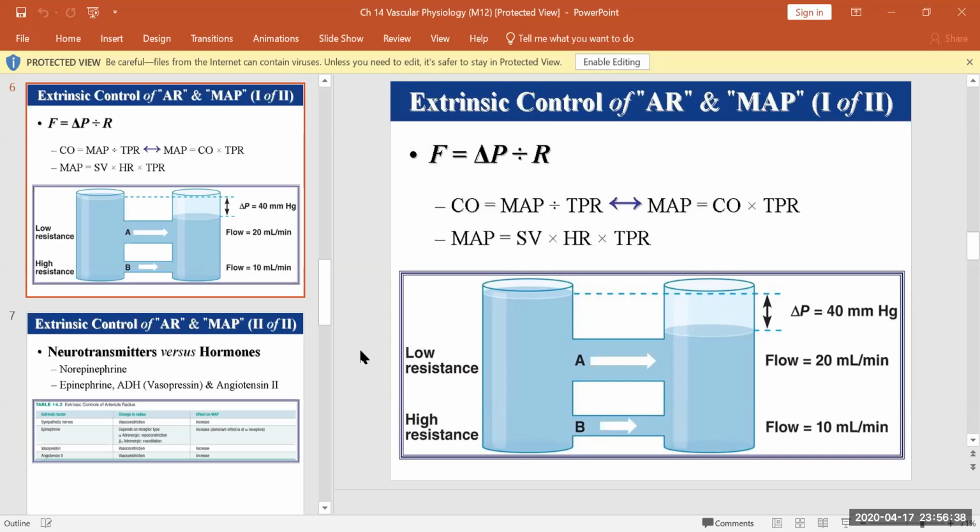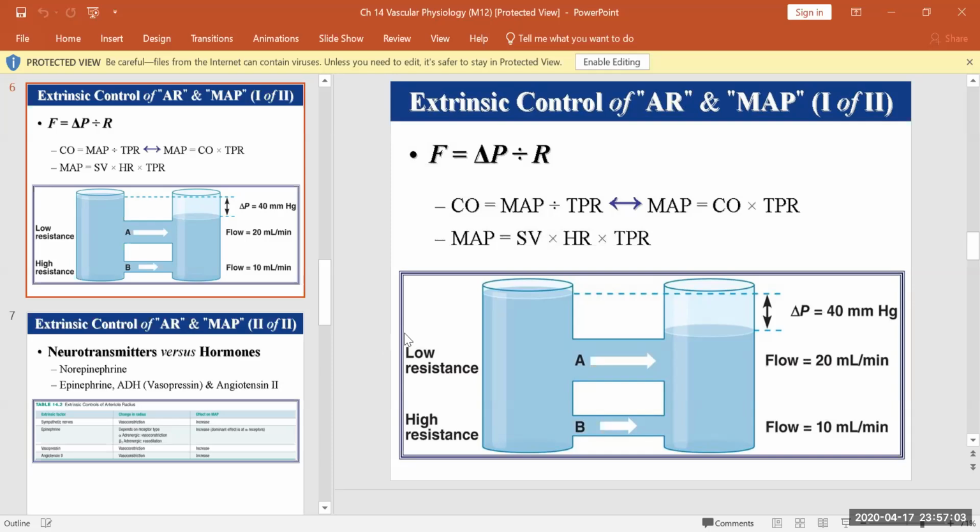So the smaller the hose, the smaller the diameter of a tube, the higher the resistance to a liquid flowing through that tube. So if you increase the diameter of that tube, the resistance to flow would drop significantly.